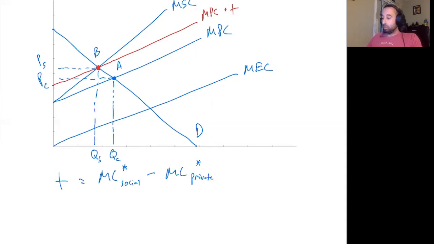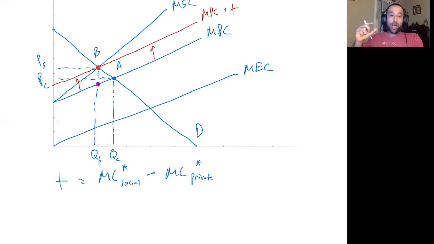Okay. And so the difference between these two things represents the difference between my marginal private cost curve and my marginal social cost curve at the socially optimal quantity. So it's basically this difference here, right? This red dot minus this purple dot, okay?